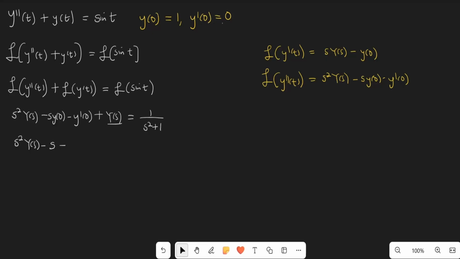Then plus capital Y of s, and this is equal to 1 over s squared plus 1. Cool. Now the next thing is to take this s across. So this is s squared times Y of s plus Y of s, equal to 1 over s squared plus 1 plus s.